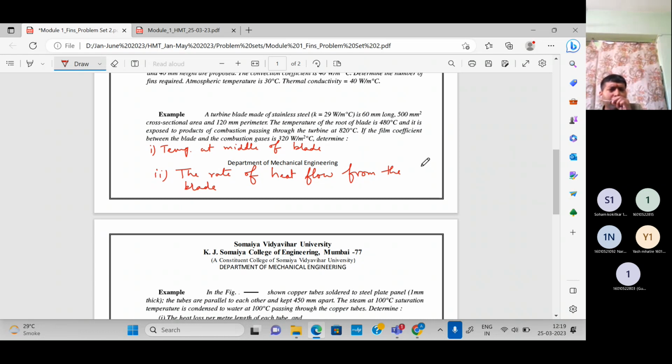Sometimes if it is not given, then you have to assume the most suitable case, but the assumptions should be valid. Fine, I had cleared this in yesterday's lecture also. I've repeated this in today's lecture also. Okay, so please remember this. Let's solve this problem.